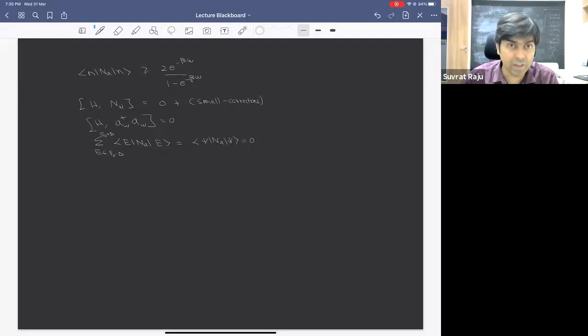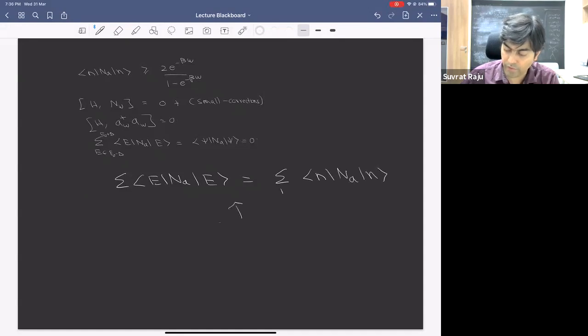But because you can perform this change of basis, it tells you that the sum over these energy eigenstates of Na can be replaced with a sum over the number eigenstates. So this involves a change of basis in the trace.